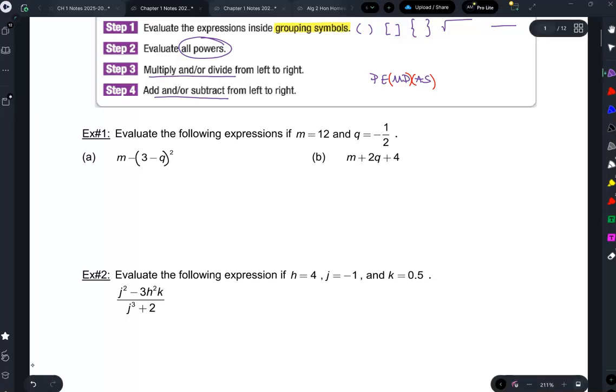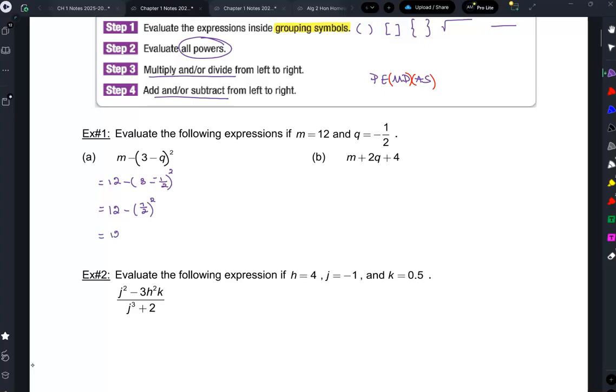M, which is 12, minus 3 minus negative a half squared. So this is 12 minus 3 plus a half, which is 7 over 2 squared. Now that square belongs to the 7 and the 2.